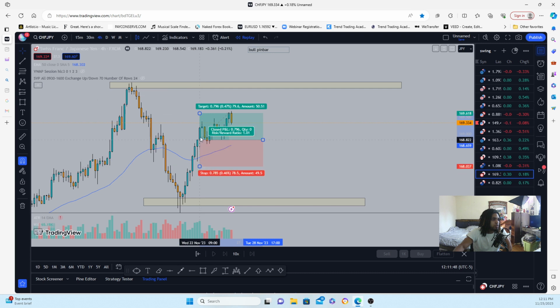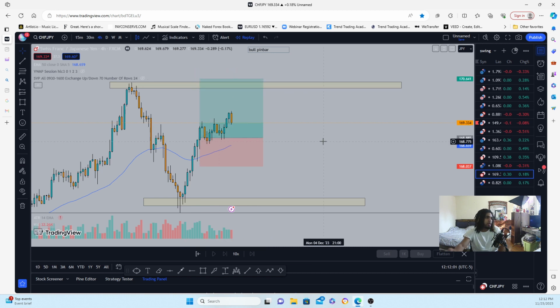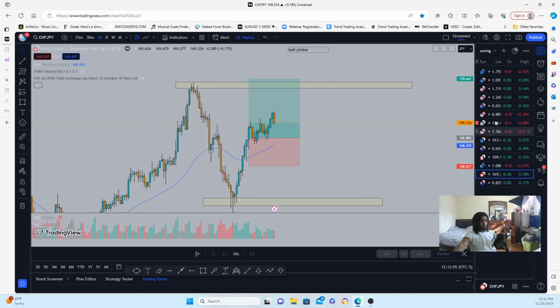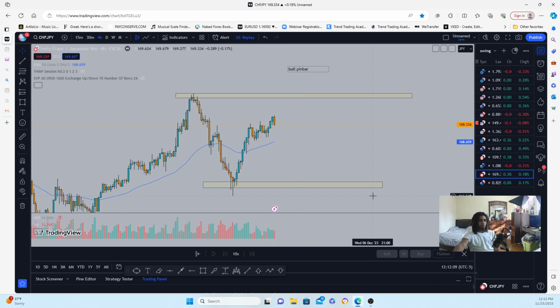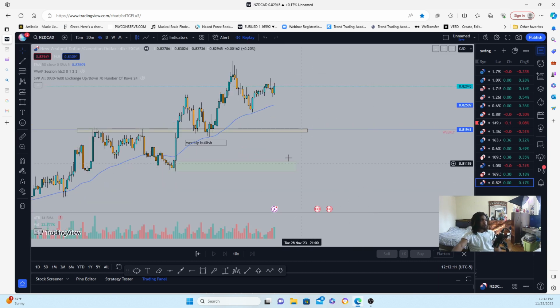A little bit lower, of course, a little bit higher, because who's getting in right at that? Not me. Okay, see, we'd have to rely on a break of structure to the upside, which everything's bullish, which seems reasonable, but that's not me, man. Can't do it. We're going to see what happens with that one.